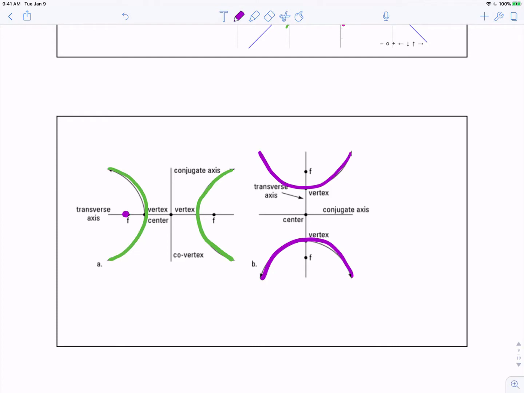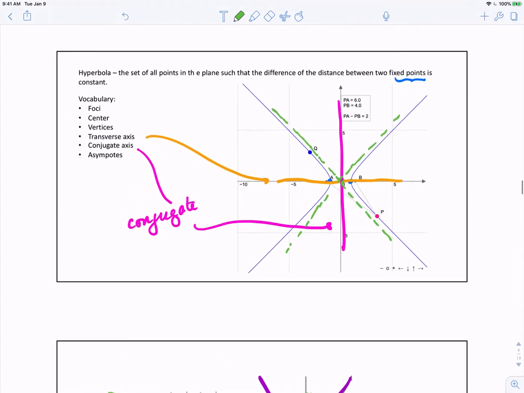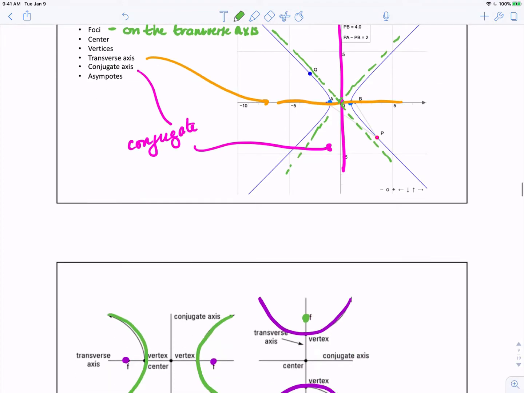And the foci are always found inside the two wings of the hyperbola. Okay? So they're always located on the transverse axis. So maybe we'll add that up here. The foci are always on the transverse axis, inside the pieces of the hyperbola.